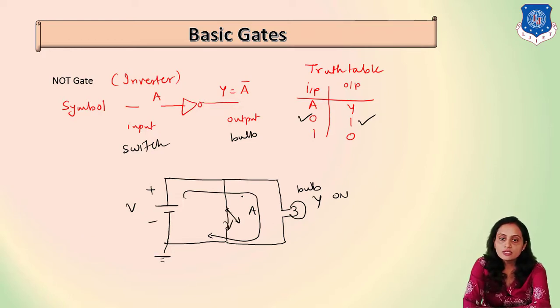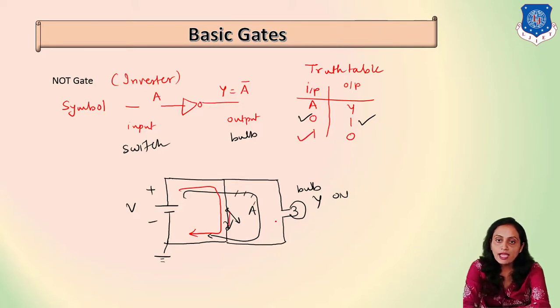Now if the switch is closed, then the switch line is providing a 0 resistance path, and that is why the current will not flow through this particular line. Current will just pass through this switch line only when A is equal to 1, and the bulb will not glow, that is the bulb is off, and that is shown over here with the input 1, output is 0.